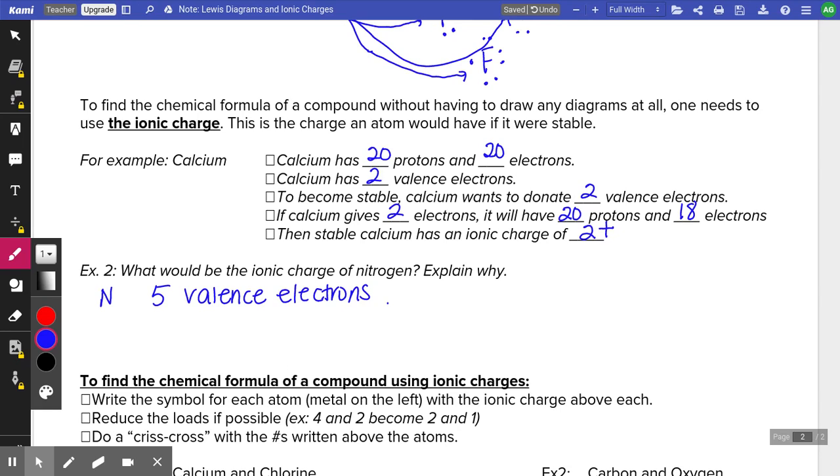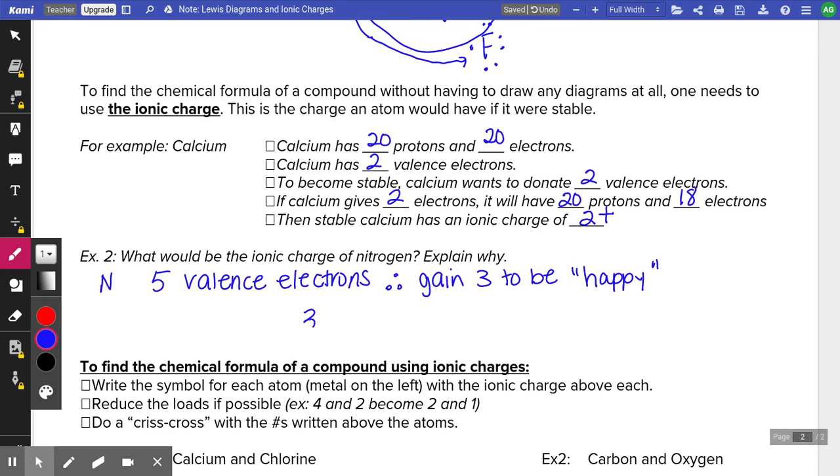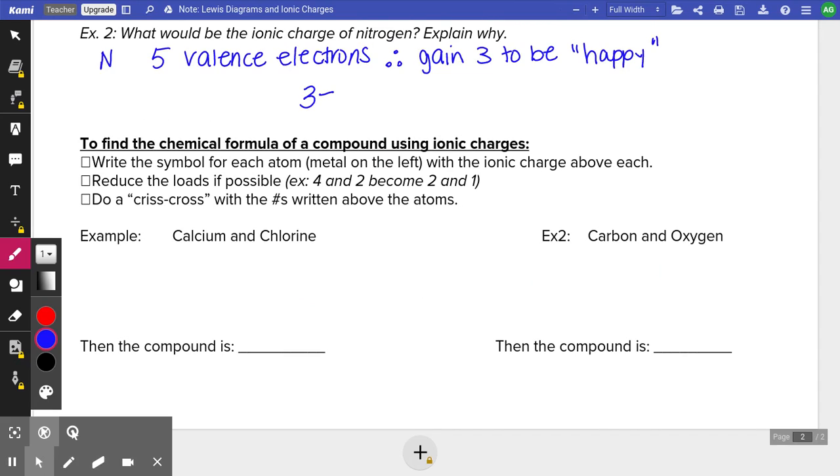So that means it wants to gain 3 to be happy. Okay? So because we're gaining 3 electrons, if you gain something that's negative, right? If you gain debt, that's a bad thing, right? Okay, so the ionic charge is 3-. All right, couple of examples, then we're done.